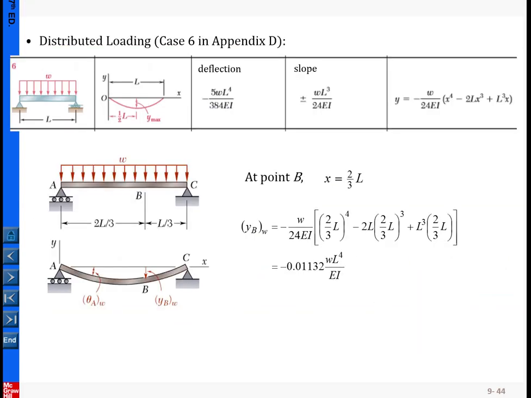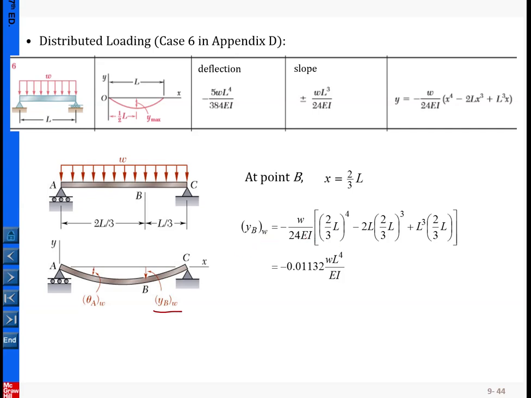This is the first subsystem, and here we can pick up case 6 from appendix D. From here, the first thing I need is to know what this number is.